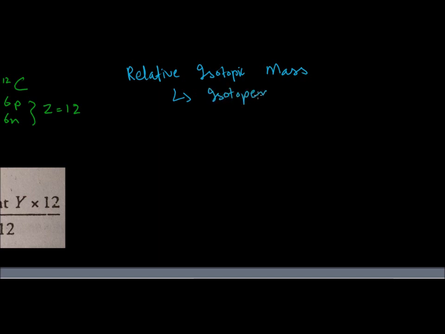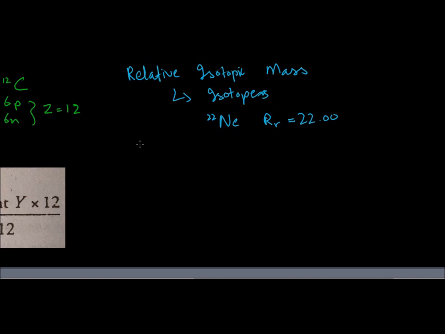Okay, so in the example of neon we did, if we talk about the neon 22 isotope, the isotope of neon whose nucleon number is 22, in that case we just call that the relative isotopic mass. So let's say in this case the relative isotopic mass is just 22. Okay, again simple definition, nothing more.